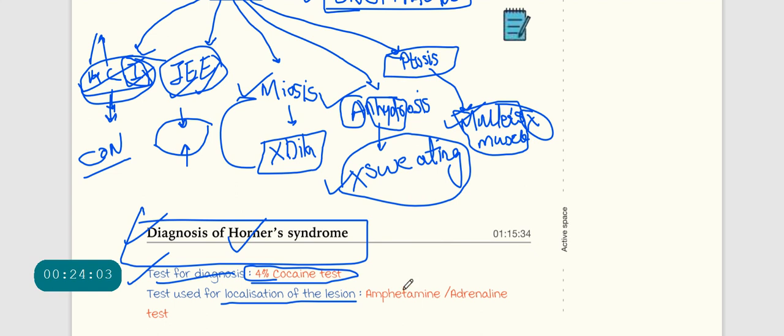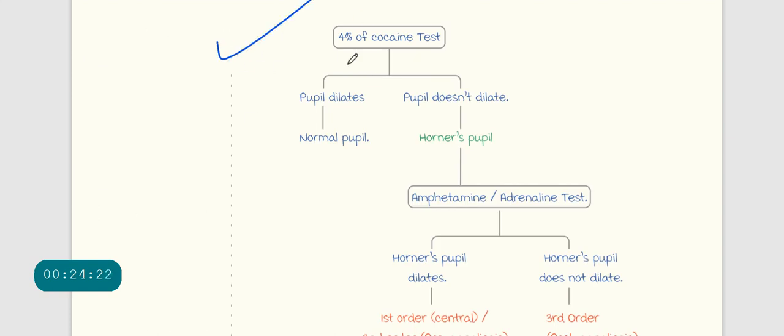We apply 4% cocaine on the pupil. If the pupil dilates, it is normal. If the pupil doesn't dilate, then this is Horner's pupil. If it is Horner's pupil, we will confirm it by the amphetamine or adrenaline test.